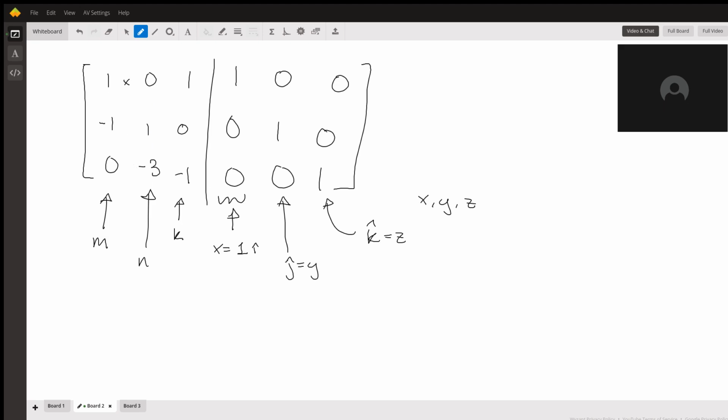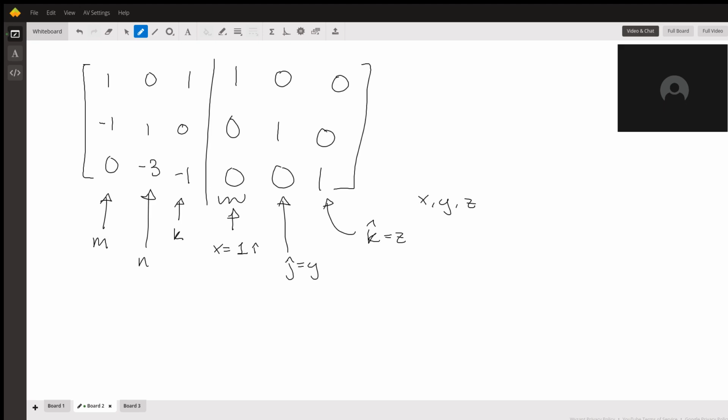But hopefully that makes sense, you would agree. And so when I'm writing m, n, and k in terms of x, y, and z, that would be a change of basis matrix from a vector written in that m, n, k basis to x, y, and z.